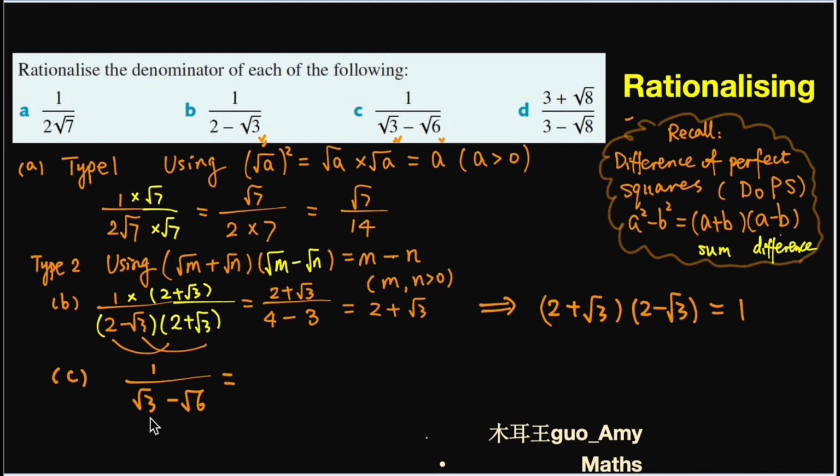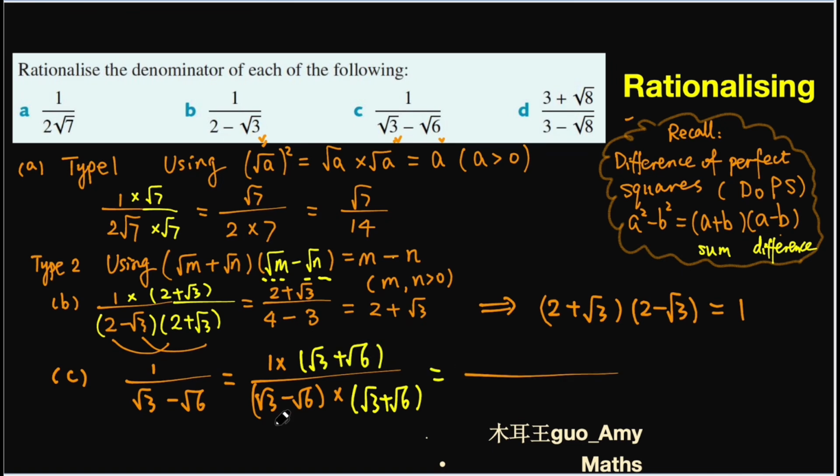For part C, the denominator is root 3 minus root 6. For this one, we have the difference of these 2 terms. Then we are going to multiply numerator and denominator by root 3 plus root 6. The denominator will become root 3 squared, which is 3, minus root 6 squared, which is 6.